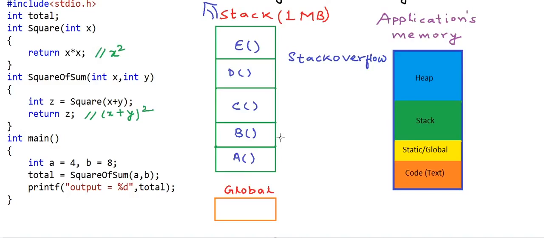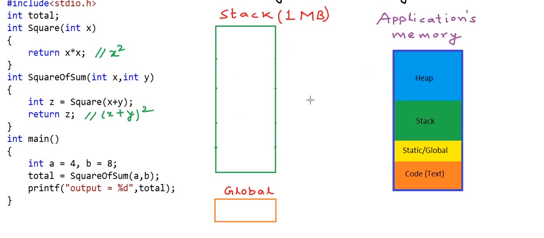For all these requirements, like allocating large chunks of memory or keeping a variable in the memory till the time we want, we have heap. Unlike stack, the application's heap is not fixed. Its size can vary during the lifetime of the application, and there is no set rule for allocation and deallocation of memory.